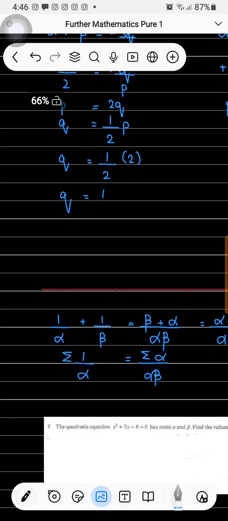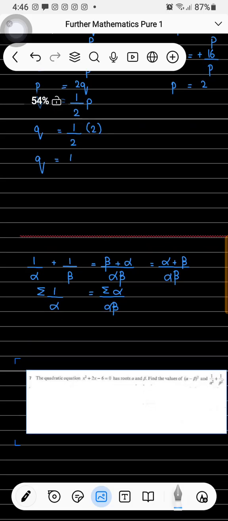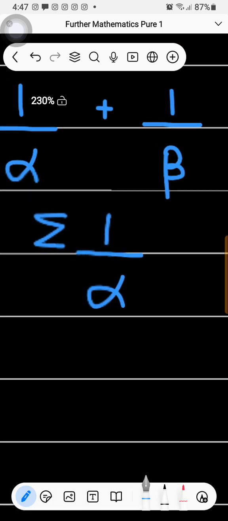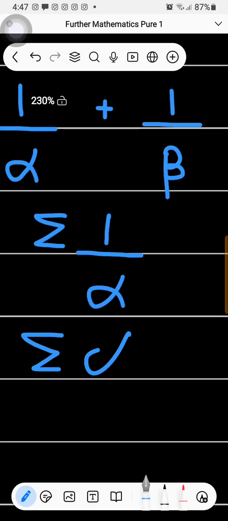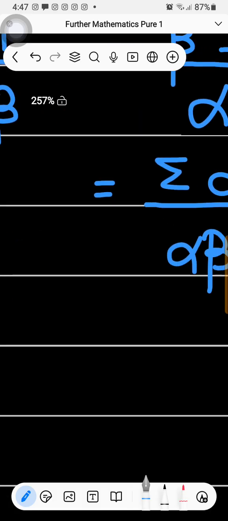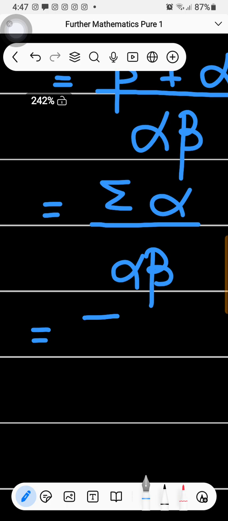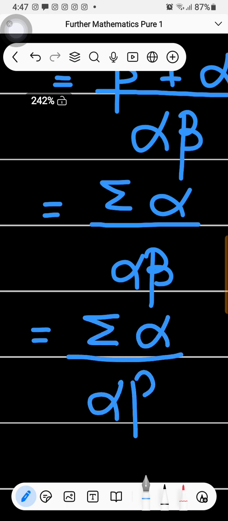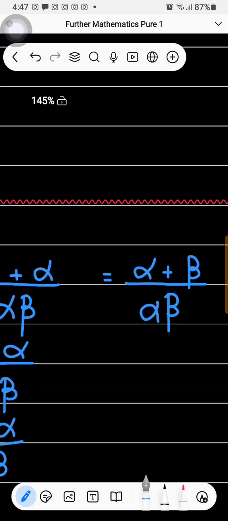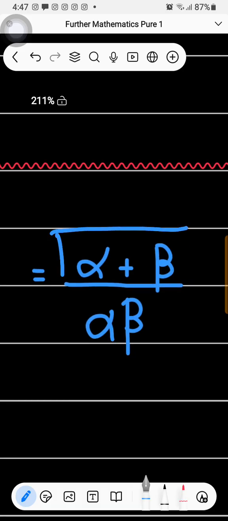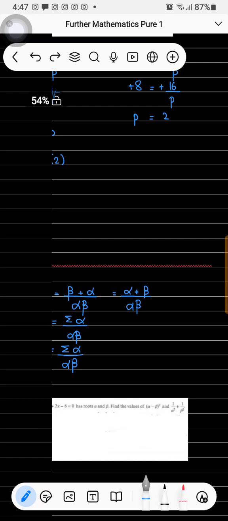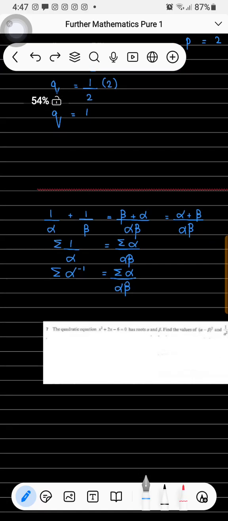We can also write it like this: sum of alpha to the power minus 1 equal to sum of alpha upon alpha beta. Why sum of alpha? Because alpha plus beta is sum of alpha. We had discussed that in lecture 1. Okay, so now I'm moving on with the question.